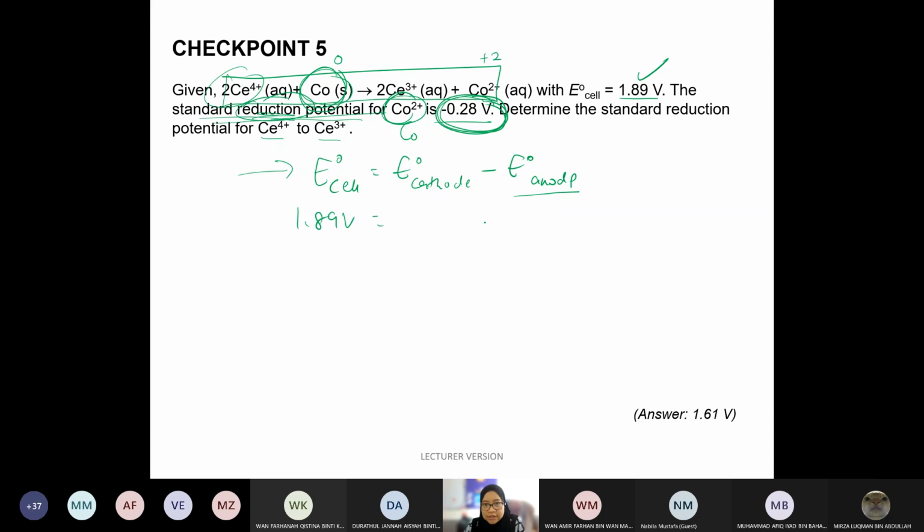Alright, so once you have determined this is the anode, and then you dah cakap standard reduction potential kan, so negative 0.28 volt. So ini E naught anode. Carilah, tekan je lah calculator. Okay, so what's the value? 1.61 volt.